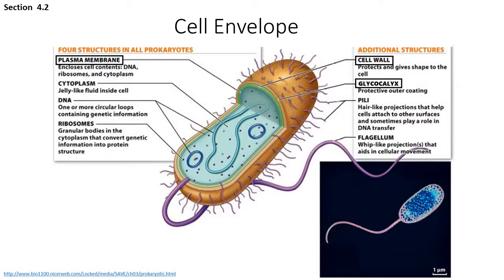Some additional structures that are found in prokaryotic cells are the cell wall, also found in plant cells, not animal cells, the glycocalyx, pili, and flagellum.